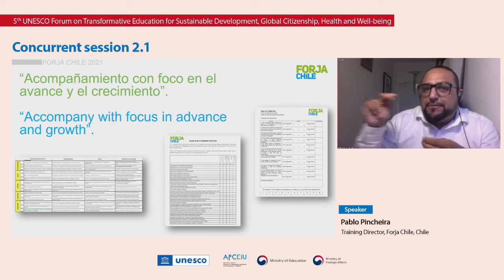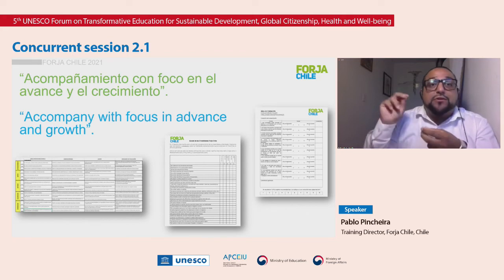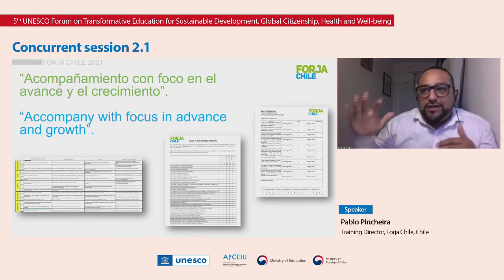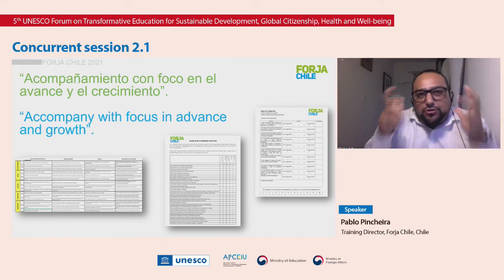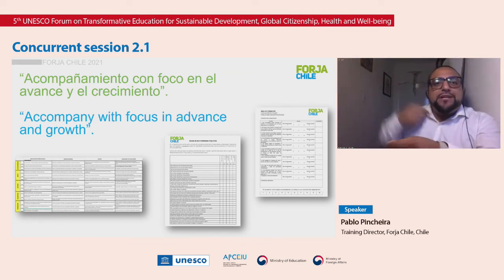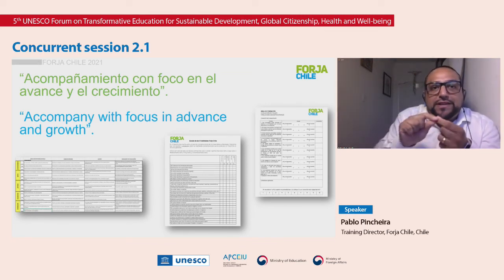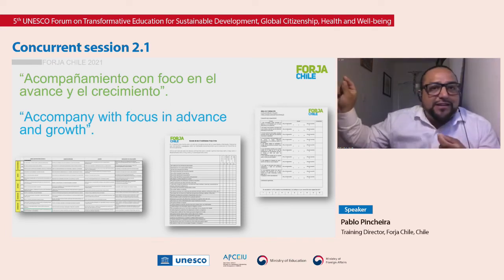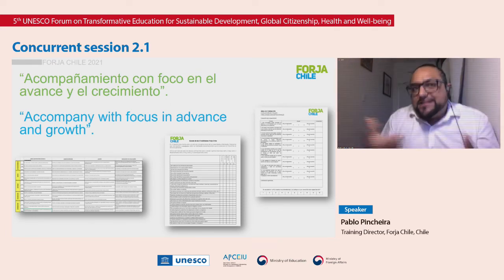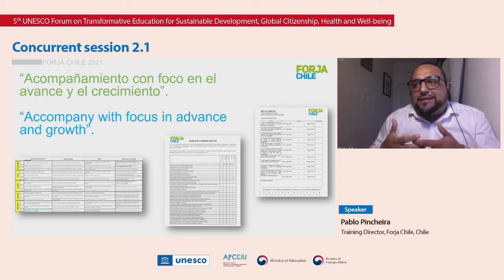So the 150 institutions that we worked with were secondary and tertiary secondary schools. But then when it comes to relationship, it is key for middle school students and high school students.